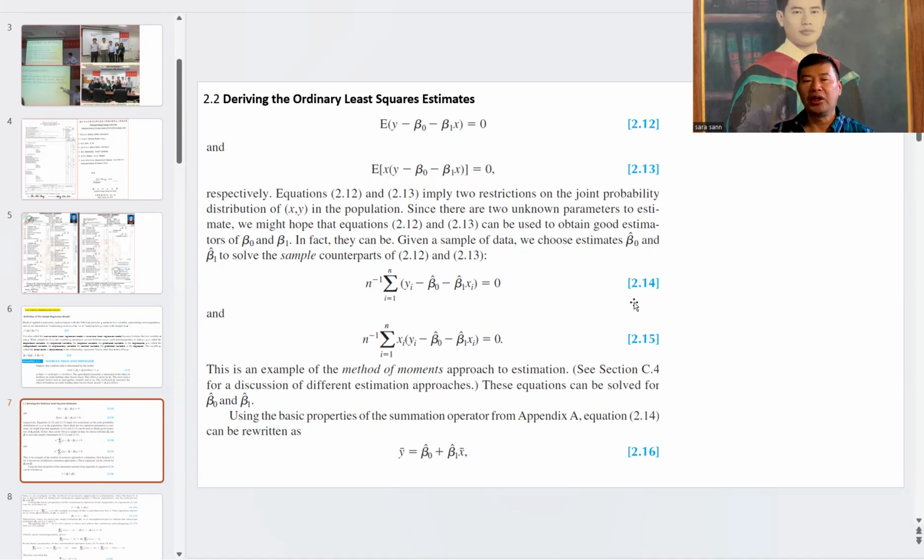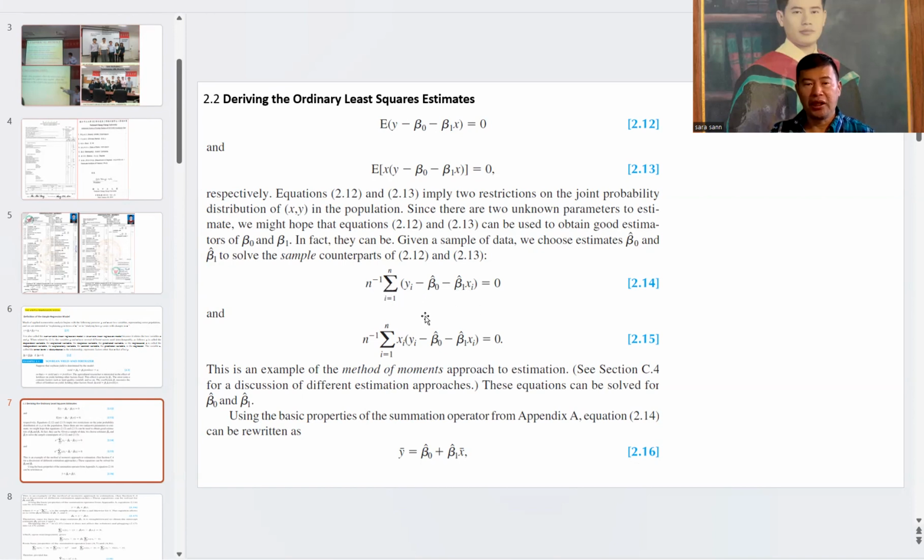In equation 2.14, n to the power of minus 1 means 1 divided by n, so the whole equation is divided by n, and beta 0 and beta 1 become hats because you want the estimator, the average of the estimator.